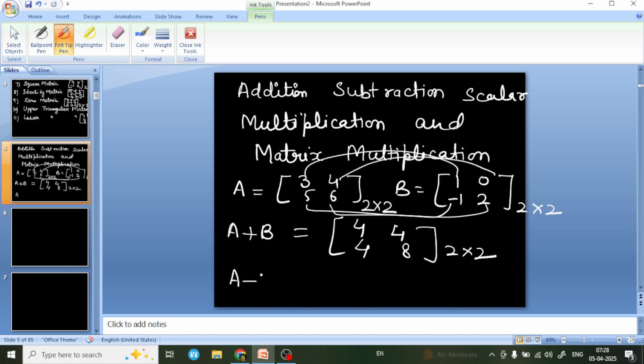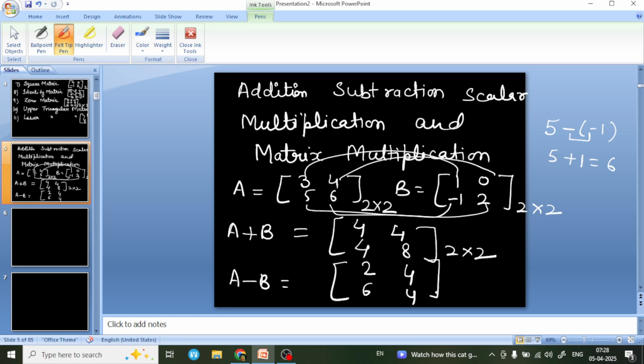If you want to implement subtraction, then 3 minus 1, 2; 4 minus 0, 4; 5 minus minus 1, that is 6, because minus minus is plus, so 5 plus 1 is 6; 6 minus 2, that is 4. And you can see here, when the order of the matrices is the same, you can implement addition and subtraction.